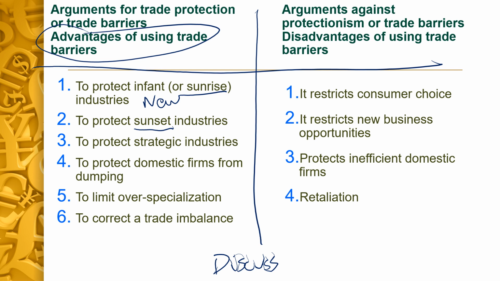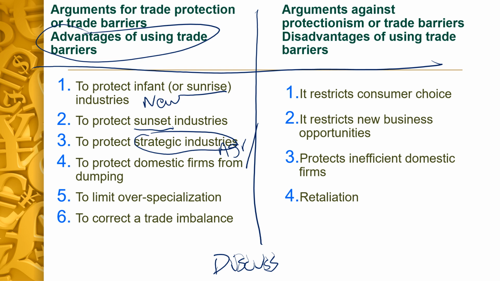The third point would be to protect something known as strategic industries. I'm talking about important industries in the country, such as agriculture, energy, defense equipment, and so on. So, important strategic industries in the country that the government wants to protect.